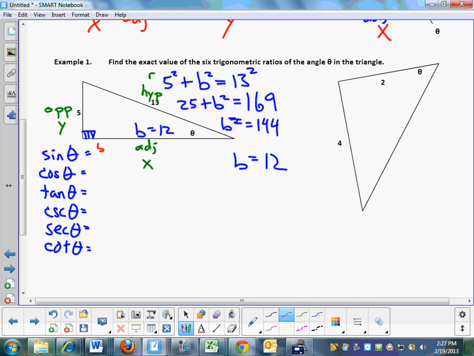Yep, 5 over 13. Cosine? Good, 12 over 13. Tangent? 5 over 12. Cosecant? Yeah, then everything just flips around. It's easy after that, right? Done and done.